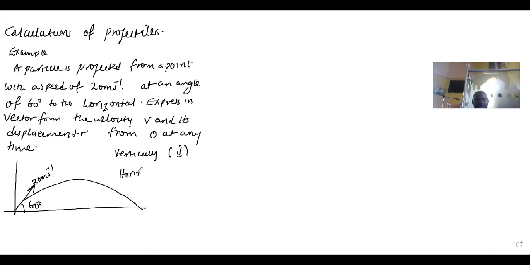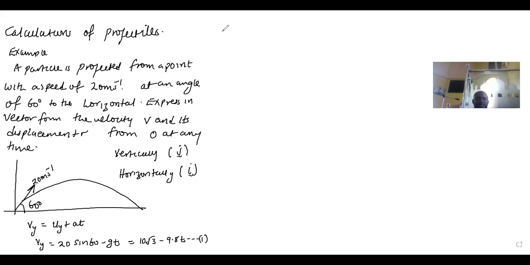Then horizontally, it's represented by a symbol i in vector form. So the velocity in the vertical, Vy, is equal to U in the vertical plus at, so Vy is going to be equal to 20 sine of 60 minus gt, which is the same as 10 root 3 minus 9.8t.